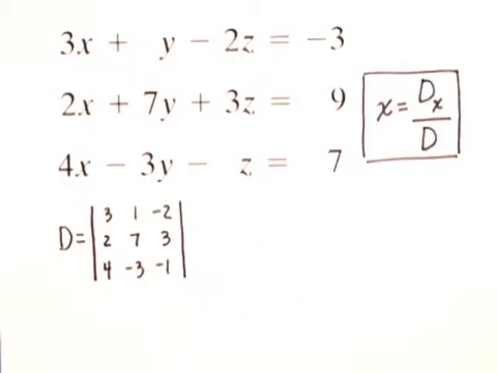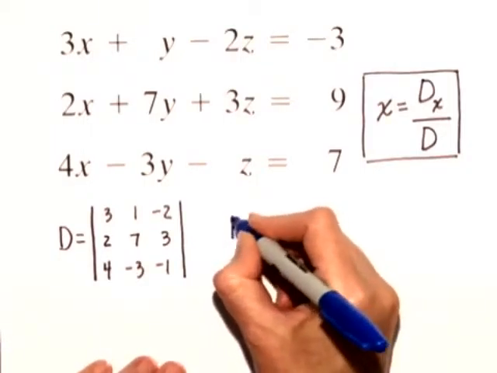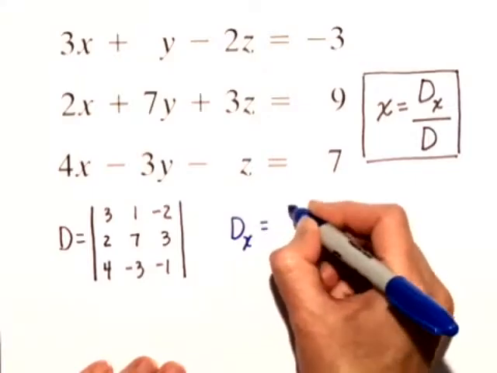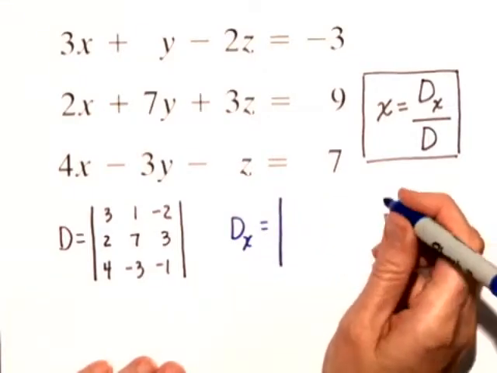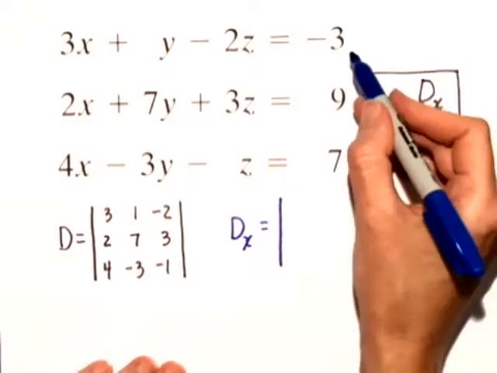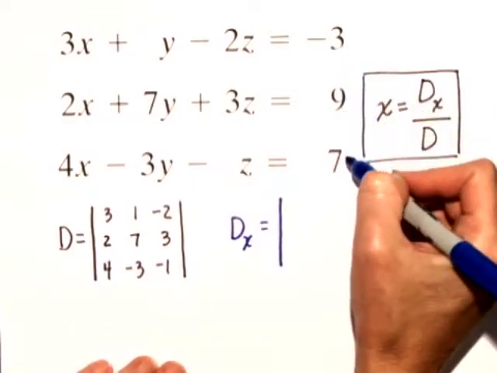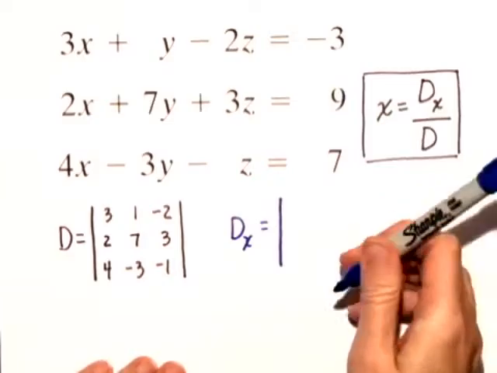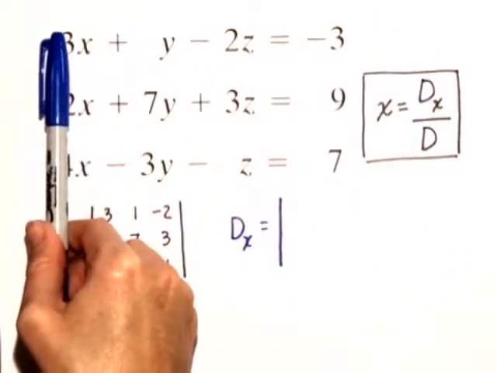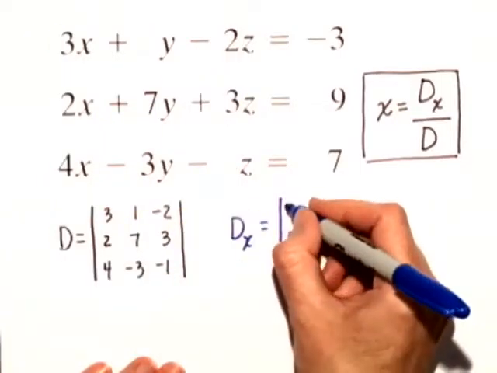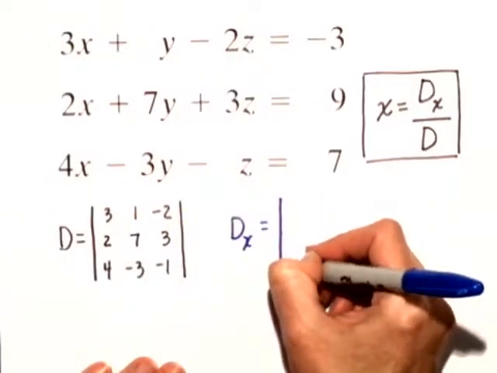d sub x is a little bit different. In order to calculate d sub x, it's again another determinant, but what we need to do is take these right-hand side constants, negative 3, 9, and 7, and replace the coefficients for x on the left-hand side. So they'll go in the first column where the x coefficients were.